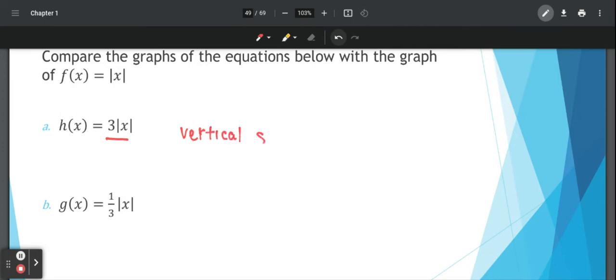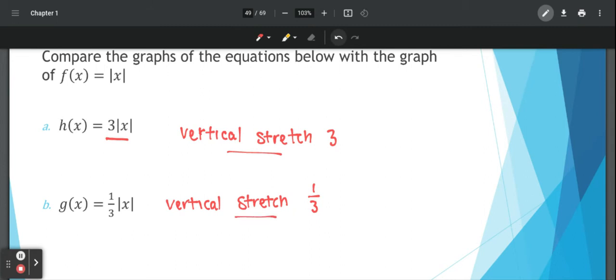So this would just be a vertical stretch of 3 because we're multiplying by 3. For part B, you could say a vertical stretch of 1/3, which means you're multiplying it by 1/3. When you say stretch, it makes it seem like it's getting bigger. With vertical, you can always say stretch.